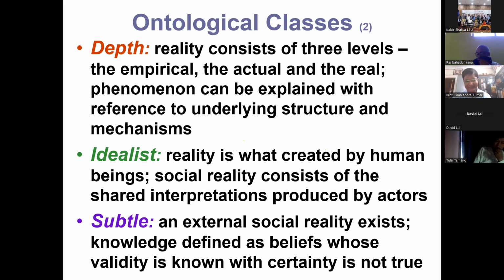Then idealist, here reality of the thing is what is created by human beings. Social reality consists of the shared interpretations produced by the actions. So this is called idealist, where the aspect of knowing the things, the reality is what is created by human beings.